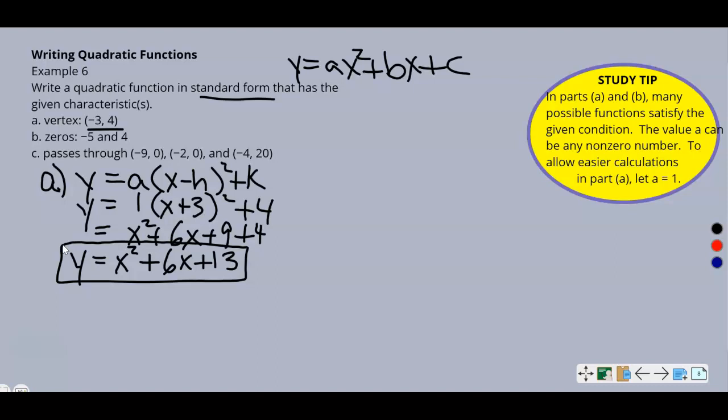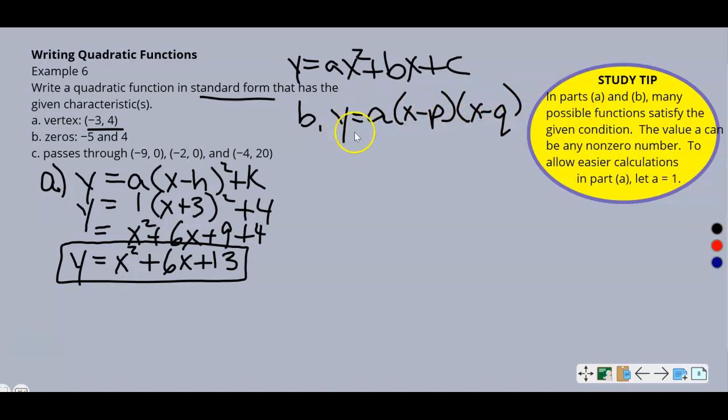Now part B says we're given 2 zeros. If you're given the zeros, you're going to use intercept form or factored form. So for part B, y equals, if you remember, factored form was the one that had the p's and the q's: (x - p)(x - q). Those p's and q's are just the numbers that represent the zeros.